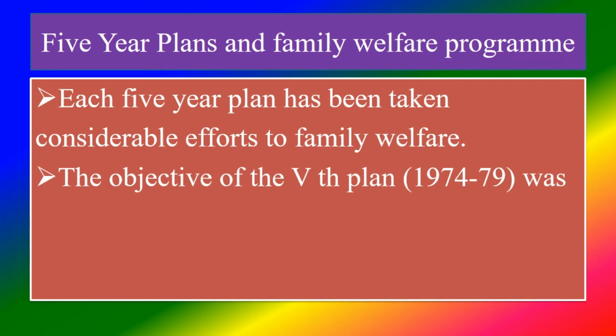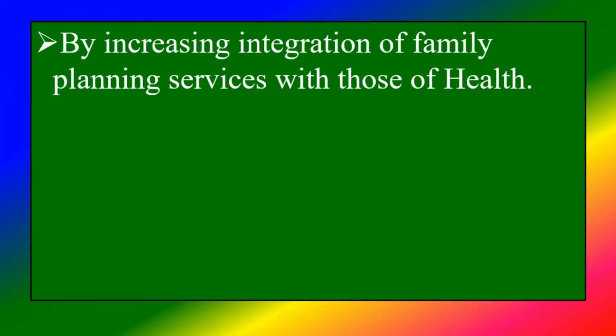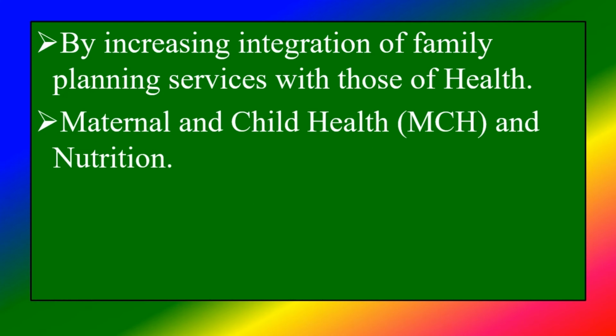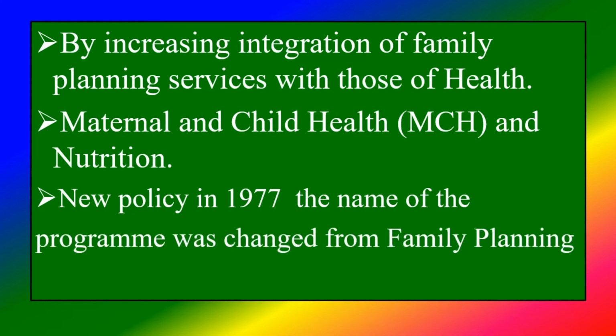The objective of the fifth plan was to bring down the birth rate to 30 per thousand by increasing the integration of family planning services with those of health, maternal and child health, MCH, and nutrition. New policy in 1977, the name of the program was changed from family planning to family welfare.